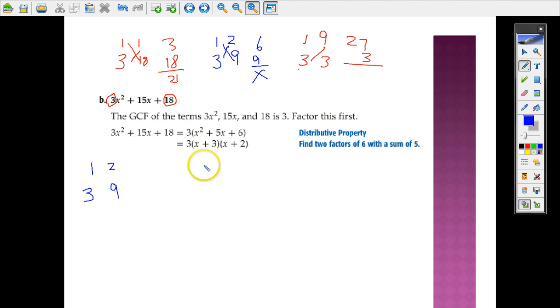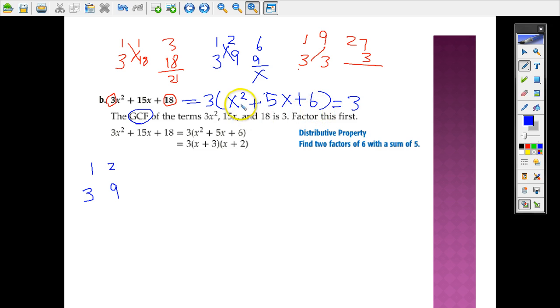Okay, wait. This method will only work if you factor everything out first. If they do have a greatest common factor, which is 3, you have 3x squared plus 15x plus 18. Now it's easier because you factor out the 3, and you have x squared plus 5x plus 6.